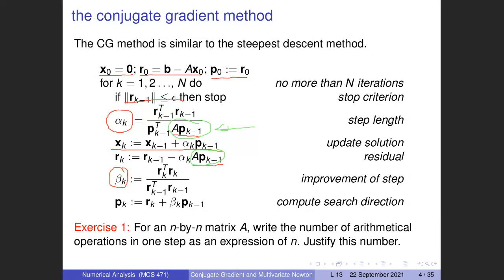So the justification is important. Coming up with a neat expression in n will give you perhaps some credit. You can already write that it is quadratic. The one step means that you ignore the for loop, so it's actually what is in the body of the loop: one step of executing the conjugate gradient method.